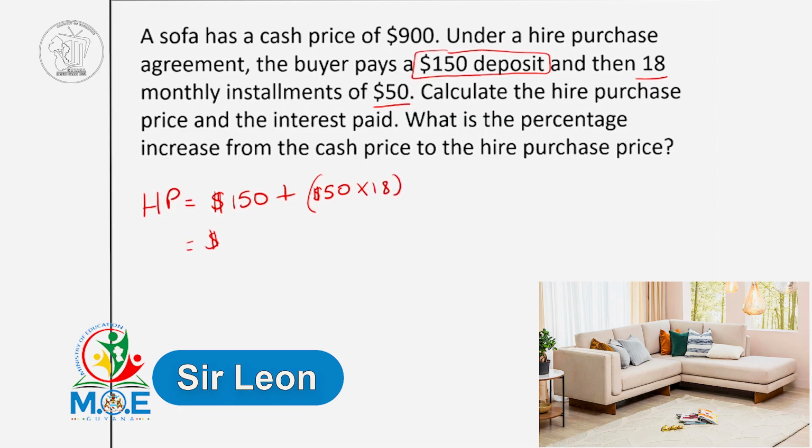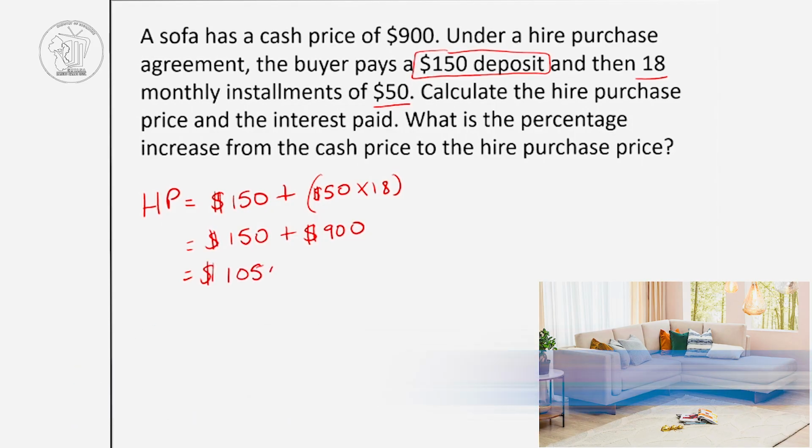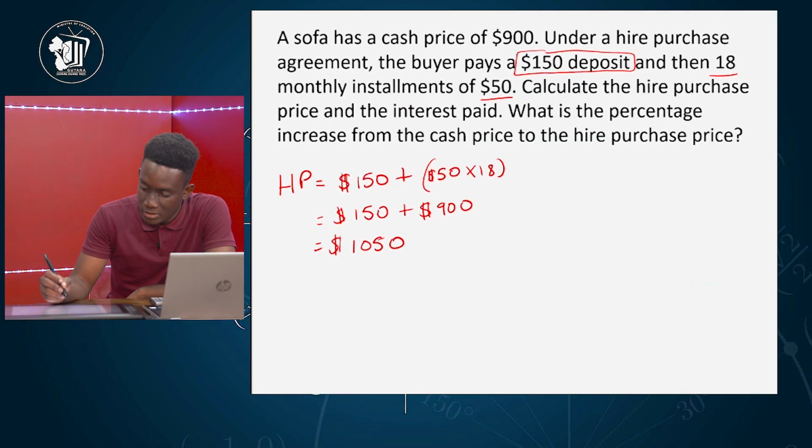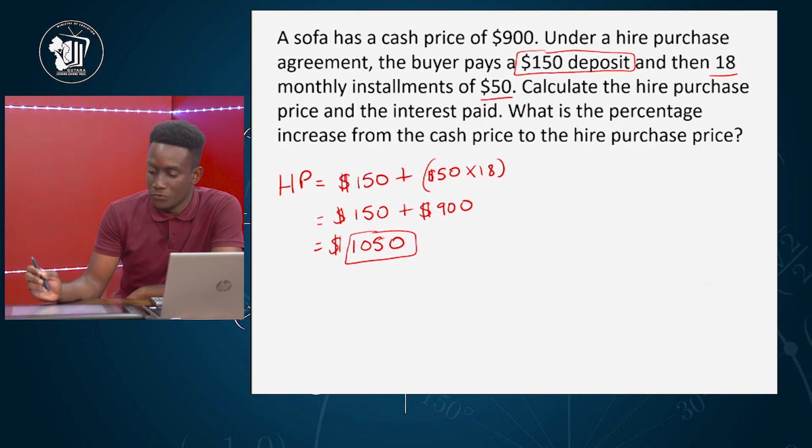So this will be 150 plus 50 times 18, which would be $900. So the hire purchase price would be $1,050. So this is the hire purchase price for the sofa.